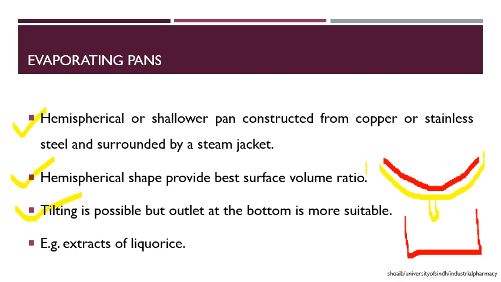There will be certain knobs here, and with the help of the knobs the product can be removed from this pan by tilting the pan. But the more suitable and better way is through the product outlet from the downside. An example of a product that can be evaporated and dried is licorice.